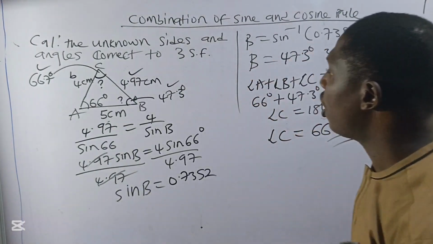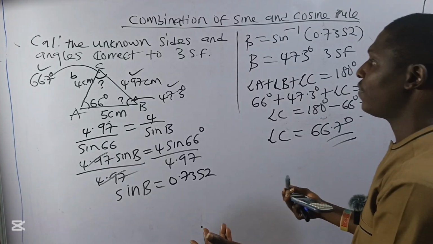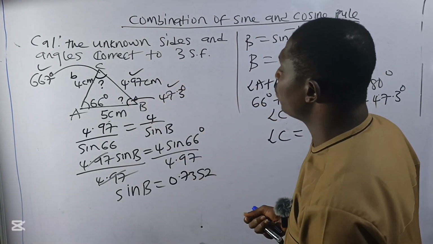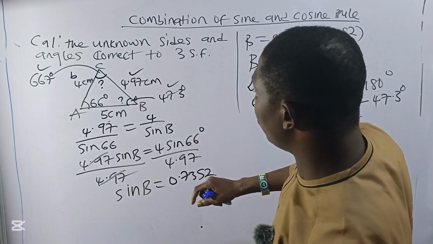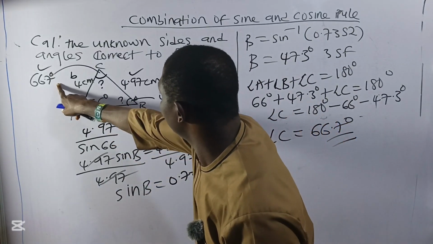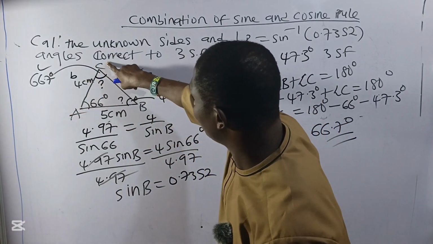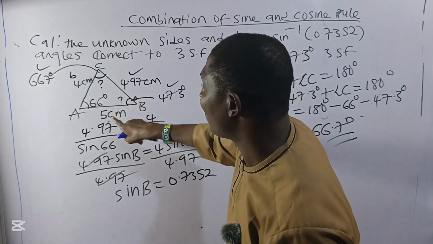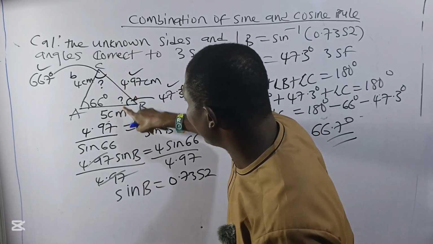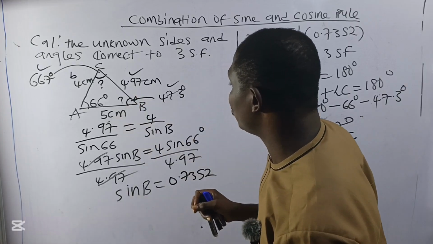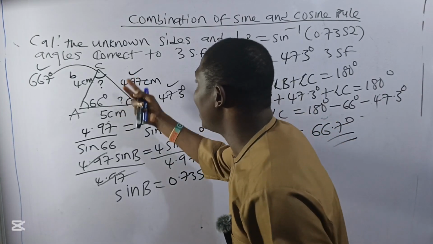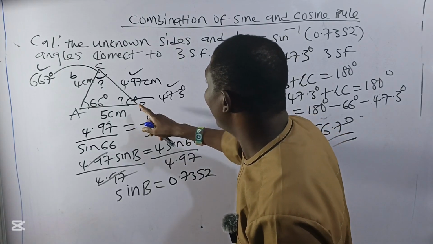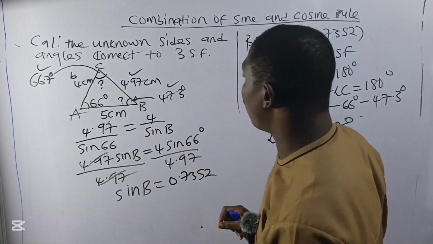Now I want us to check to verify if our answers, our angles and the sides, are even correct. First, if you see, the biggest angle here is 66.7, which is C, and it carries the biggest side, 5. And you can see the difference between side A and side C is so minute, but still it's bigger than it. And next, the least angle, which is B, has the least side, which is 4.